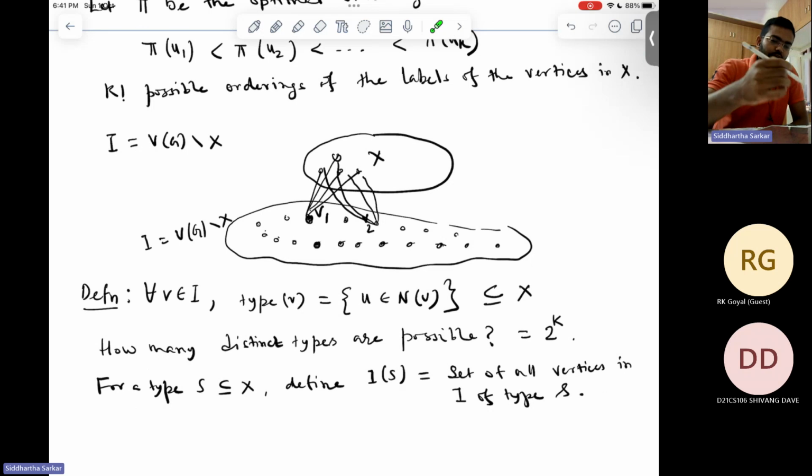So let's draw a figure. What we are doing basically is we have clubbed the vertices in I into pieces.